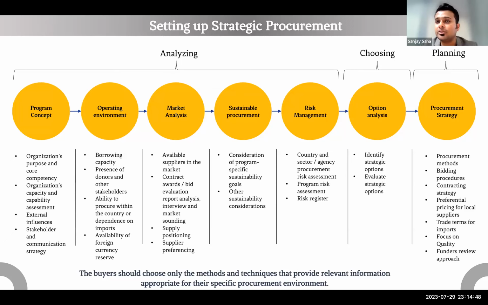Like, for example, in a lot of countries, for certain products, they give a preferential treatment to local suppliers, and it might be true for Nigeria as well. I'm sorry, I don't know. But for example, in Ethiopia, when I was working there, they had a price preferential treatment for local suppliers.